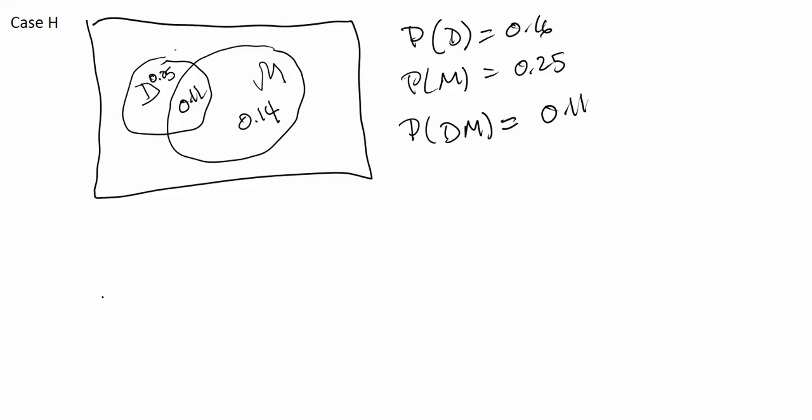So we now have our probabilities for each of the areas, and I think we should be able to proceed. So question A asks, what is the probability that we'll get at least one of the two awards? That's the probability of design or materials award.